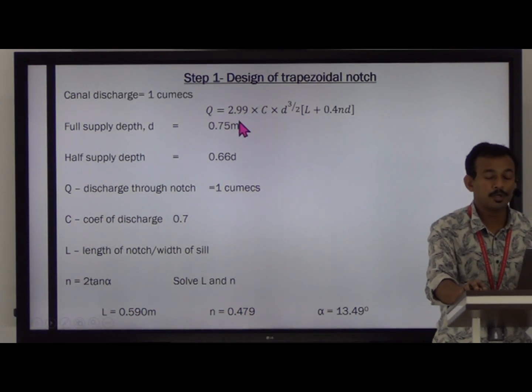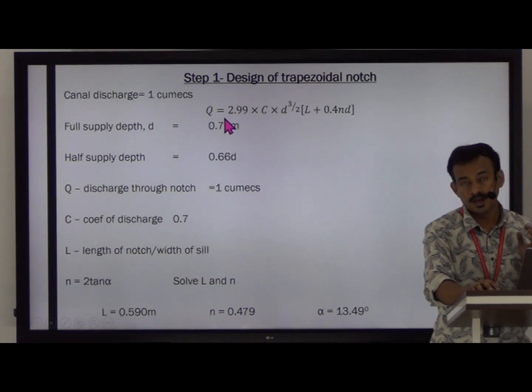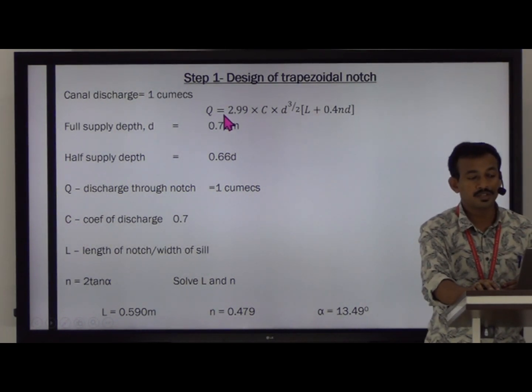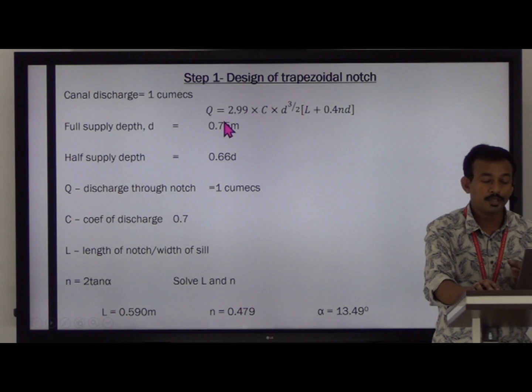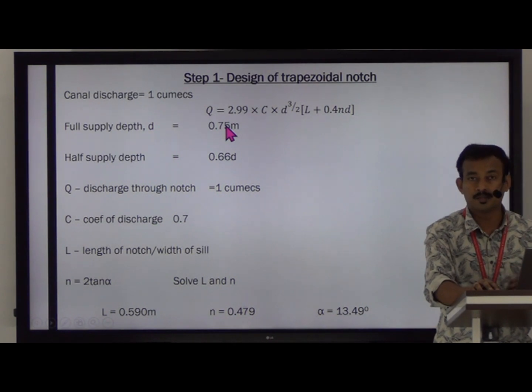Now again coming to this particular specific equation of trapezoidal notch. We can take this equation in two different cases. Case 1 is full supply condition and case 2 is half supply condition. Now let's discuss the full supply condition.